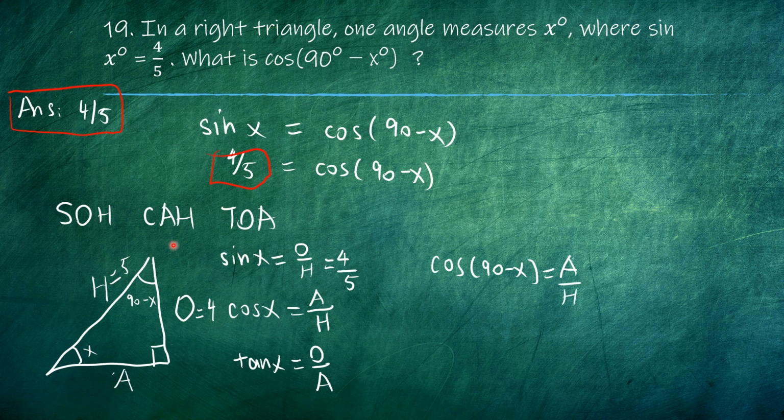And the side that's adjacent to this angle is this length here, and we know that's 4. And the hypotenuse is the same, H, which in this case is 5. So that is our answer.